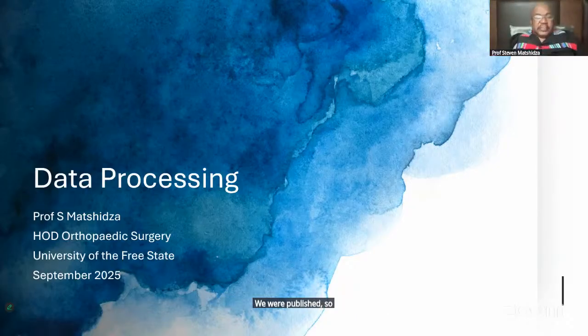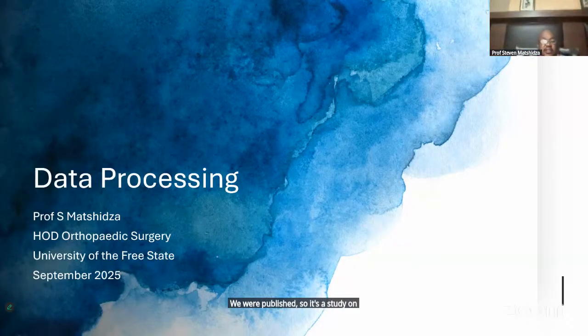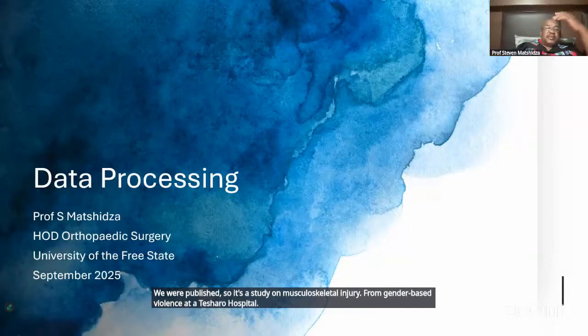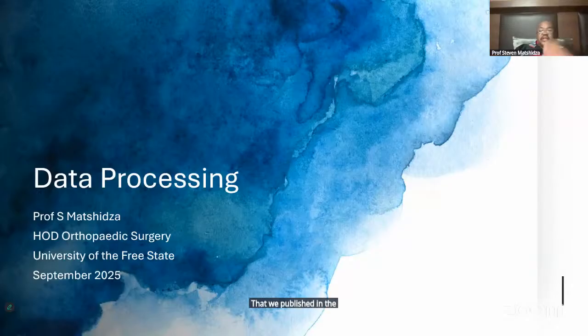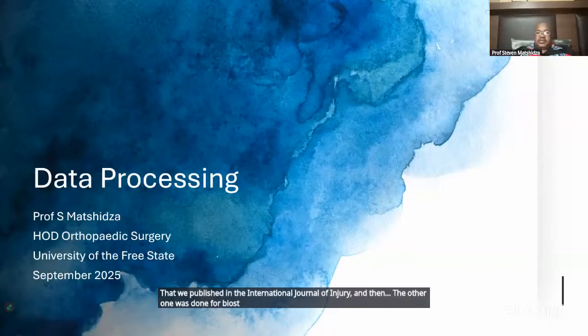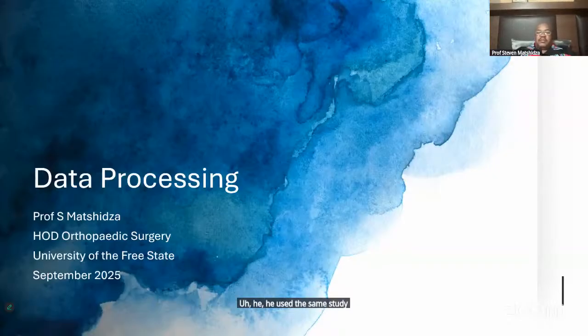It's a study on musculoskeletal injuries from gender-based violence at a tertiary hospital that we published in the International Journal of Injury, and then the other one was done by a statistician. So he used the same study to come to another conclusion. So just to kick off, those are the two articles that we published.